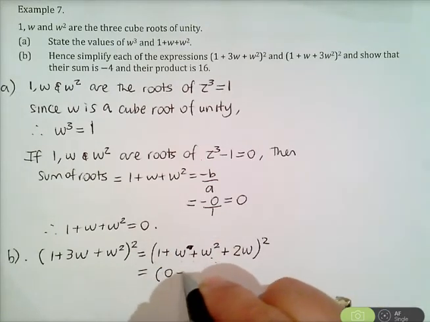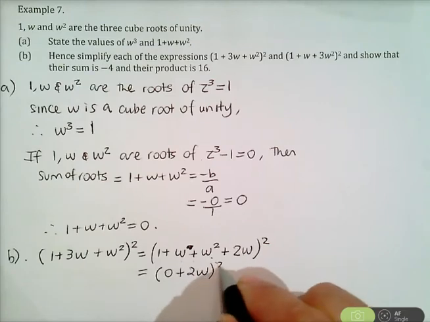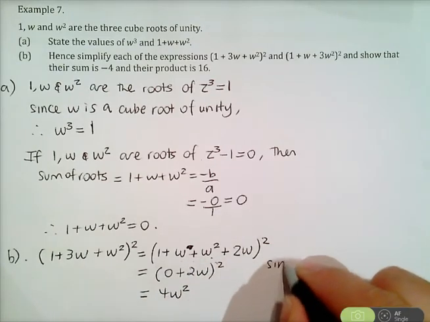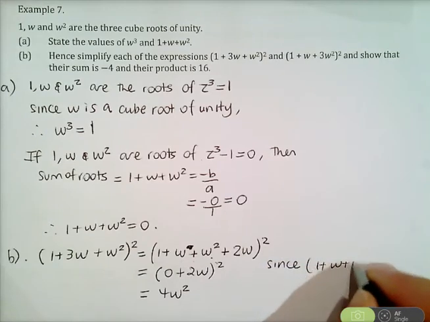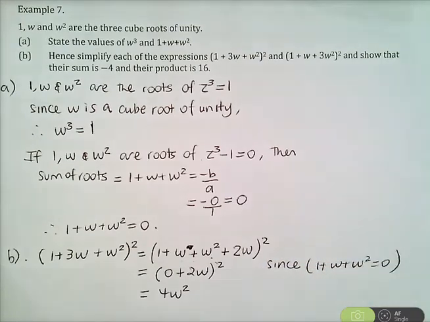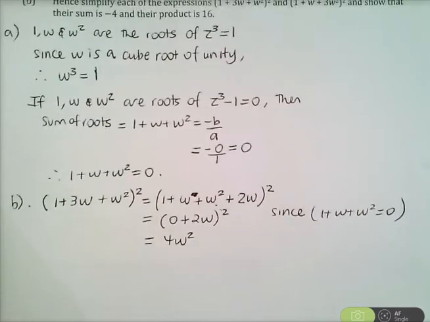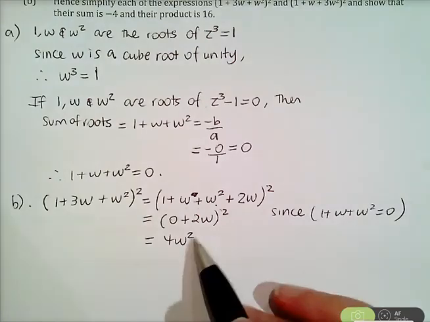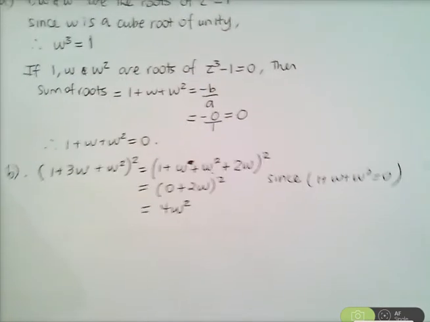So that's the same as 0 plus 2w all squared, which is 4w squared, and here we can write since 1 plus w plus w squared is equal to 0. Okay, so we've simplified the expression 1 plus 3w plus w squared all squared, and we've got 4w squared.